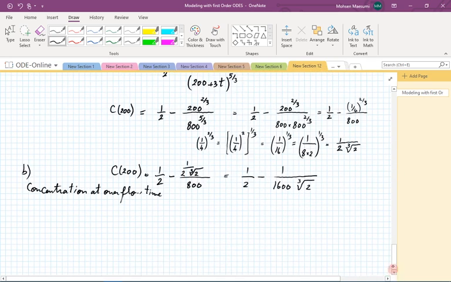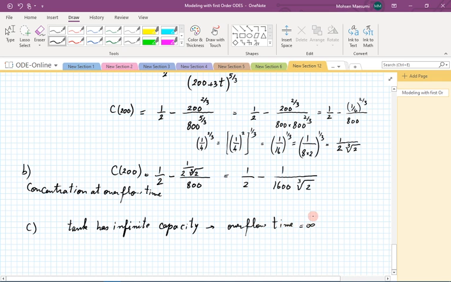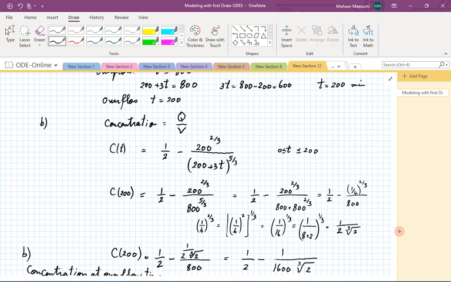So the tank has infinite capacity, and as a result, overflow time is also pushed far out. That is also infinite. So instead of asking for 200, we are just putting infinity in this. Okay, this is my concentration.